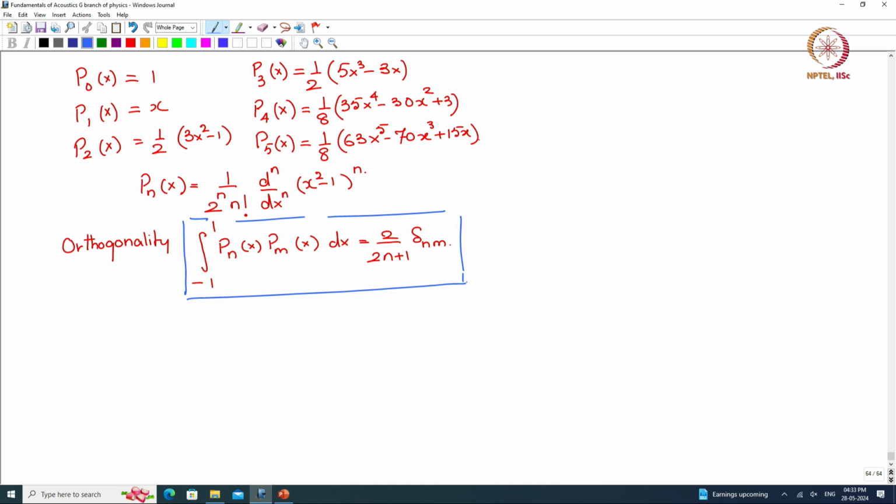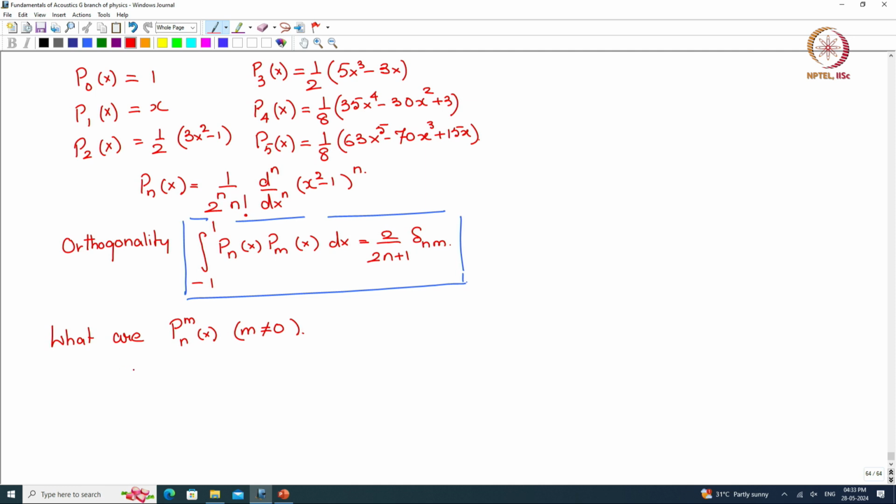Okay. Now we will also, just for the sake of information, keep this. Now what are Pmn of x when m is not equal to 0?